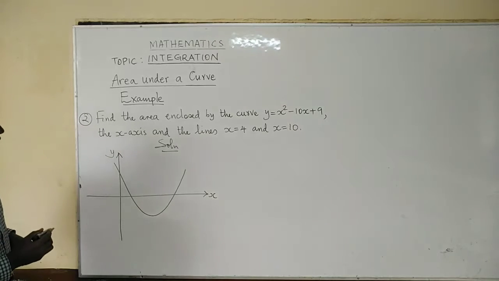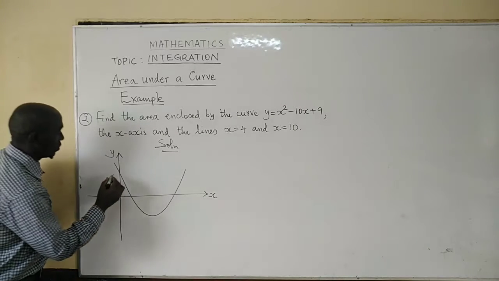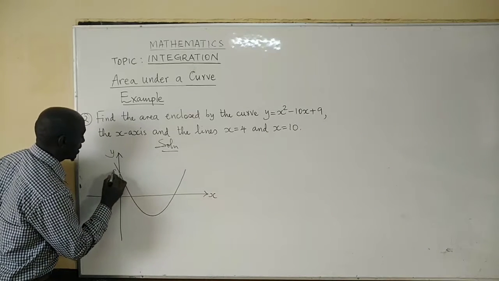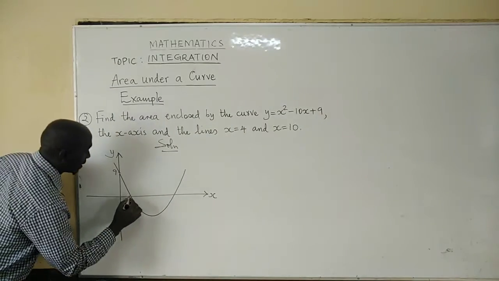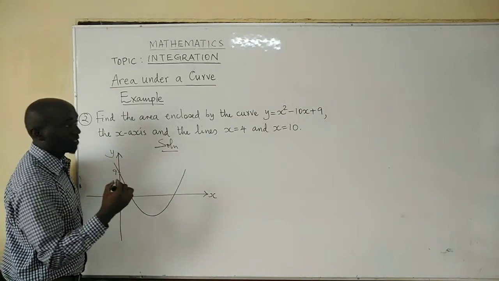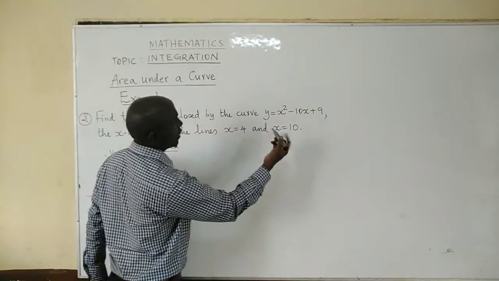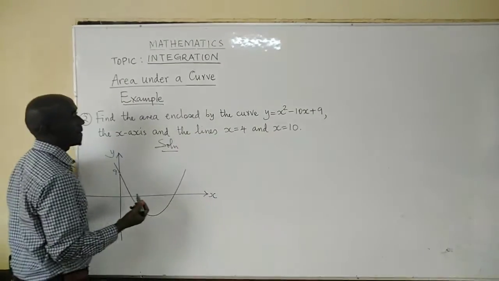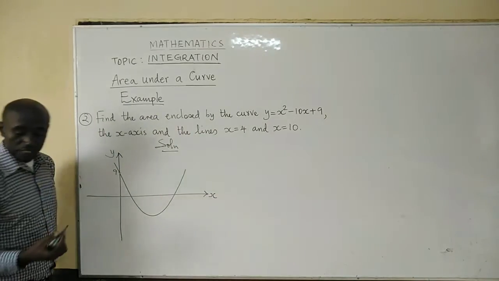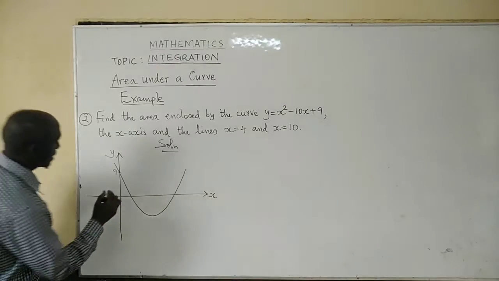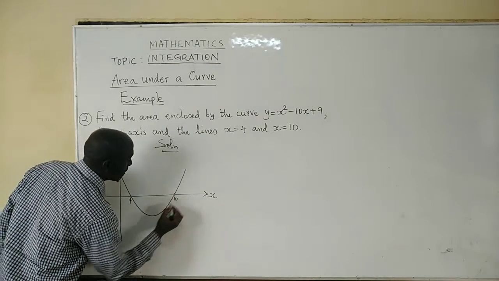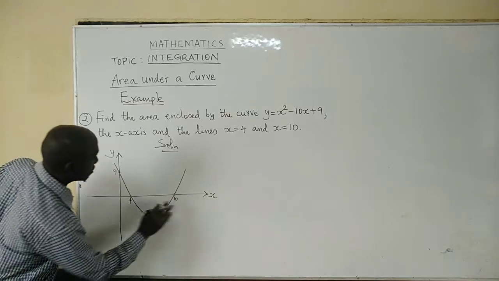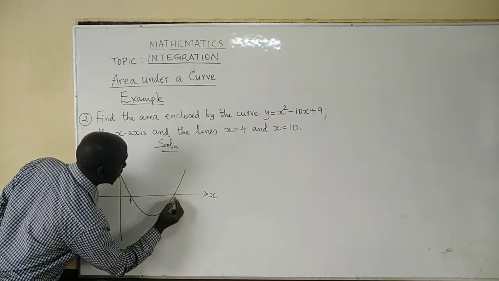It's a quadratic curve. It passes through where y is 9, because if x is 0, y is 9. Then it cuts the x-axis at 2 points. How do you know that? You just put 0 in place of y and solve for x. It will cut the x-axis at x is equal to 1 and x is equal to 9.